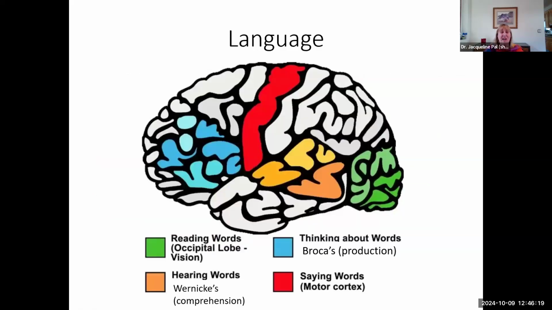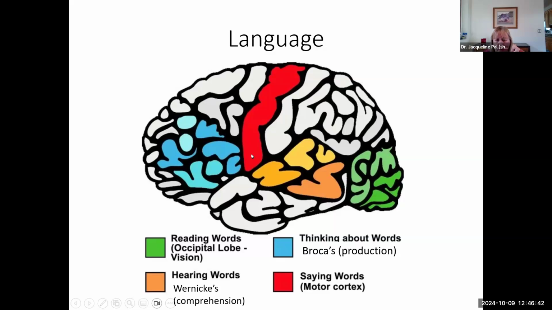So language is complicated. We have to have the occipital lobe for reading. We have to have the temporal lobe for hearing. We have to have Wernicke's for comprehending. We have to have the frontal lobe for thinking and Broca's for producing.